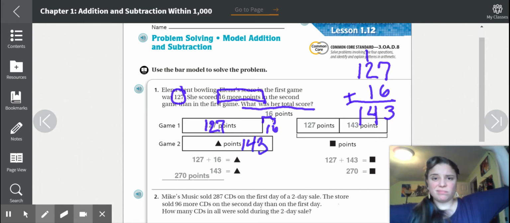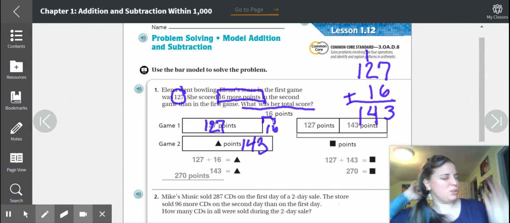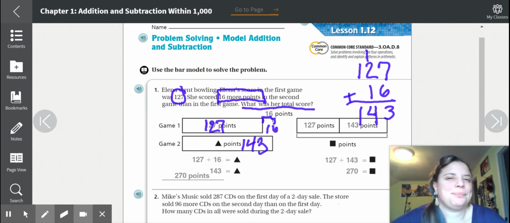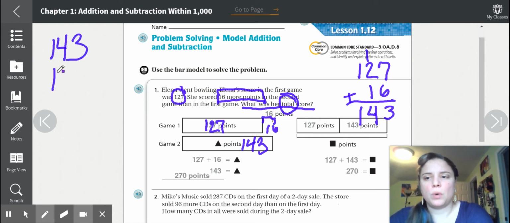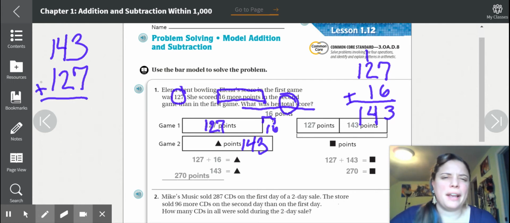Now, we're not done. We still got one more step to do. You remember? Yes, we have to add them both together to figure out her total score. So it will be 143 plus 127. Now, can you tell me why we aren't adding that 16 in again?